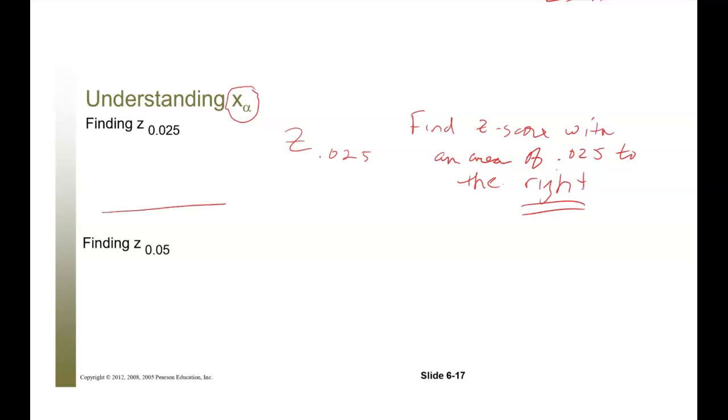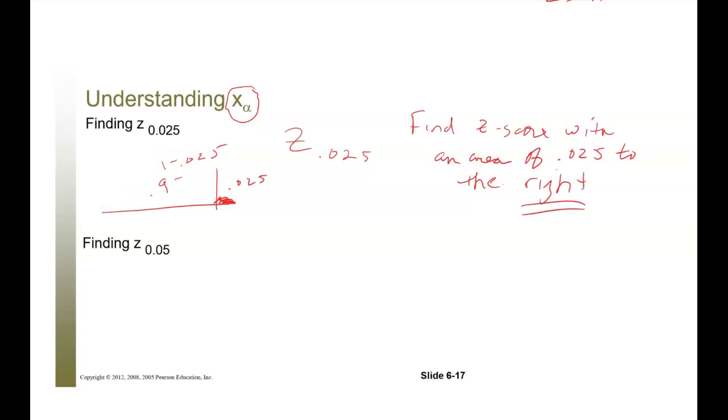So in other words, I want to know what z-score has an area of 0.025. Well, remember that's to the right, but your table gives you everything to the left. So you have to subtract, and it's 0.9750 here because it's 1 minus 0.025. So you're really looking up 0.9750.